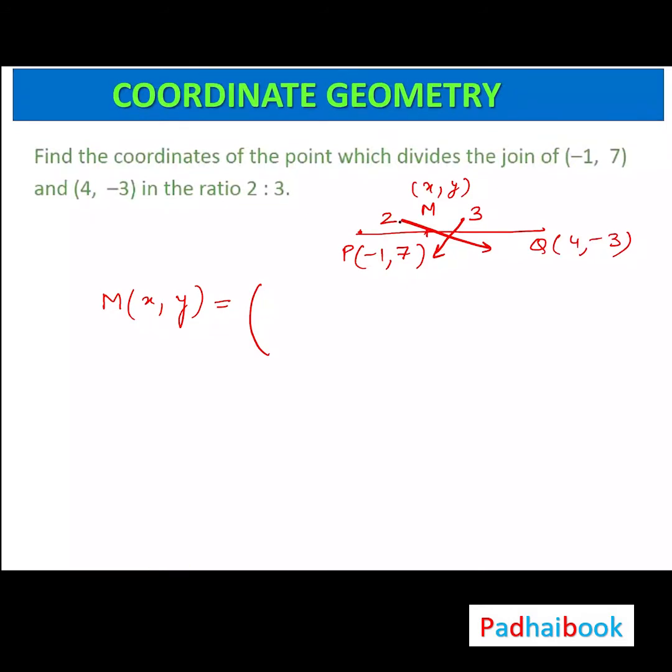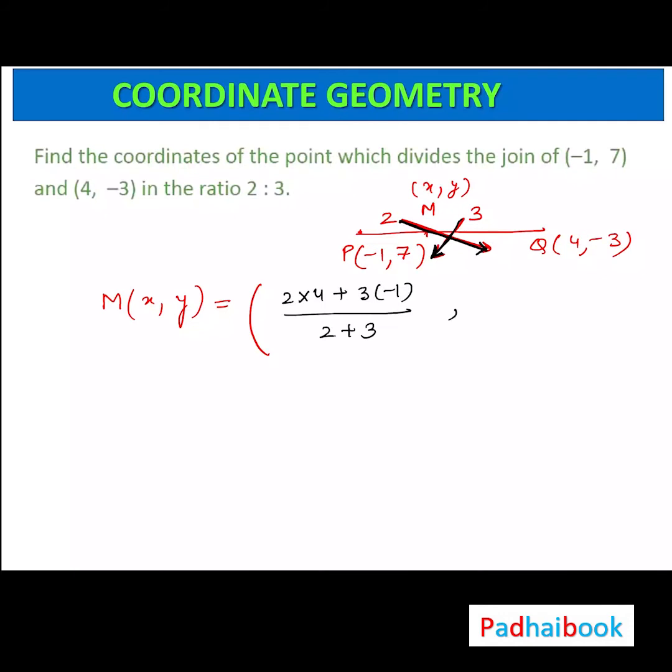So cross multiplied, 2 multiplied by the x coordinate of the point Q. So 2 into 4 plus 3 into -1, divided by 2 plus 3. Right?